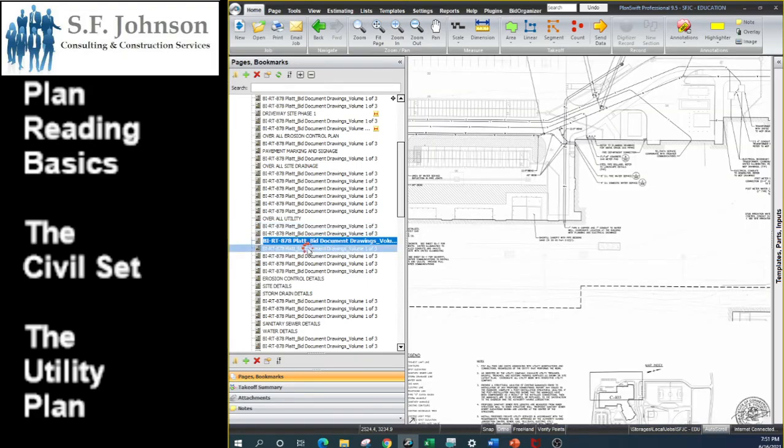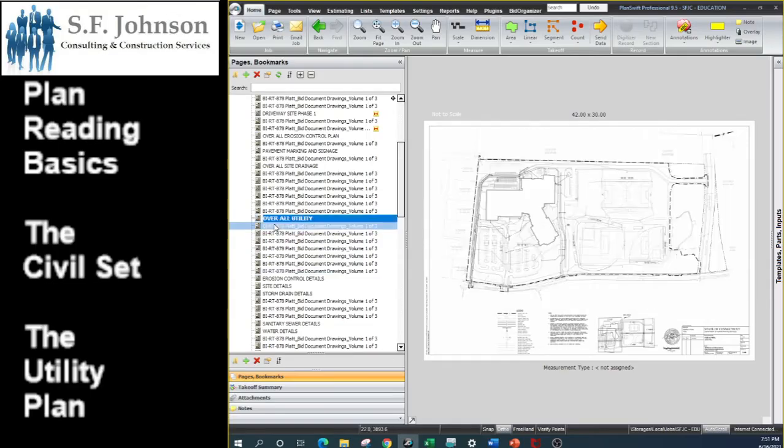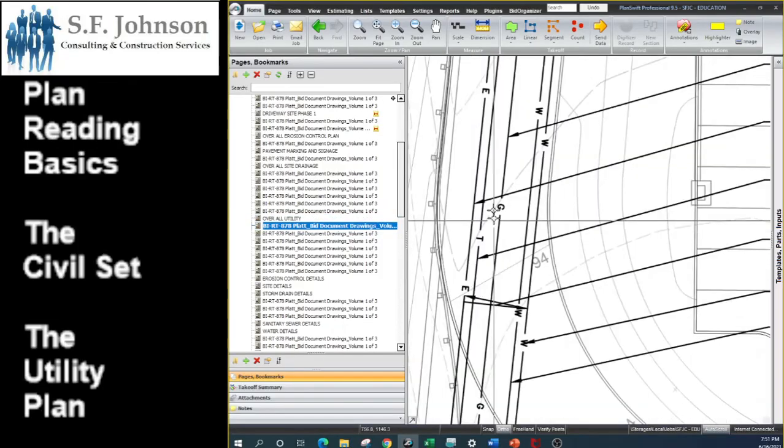All right. So you go all the way down, but basically that's your utility plan. What are you doing? You're measuring all the lengths of your pipe, right? Your water, your gas, your electricals.